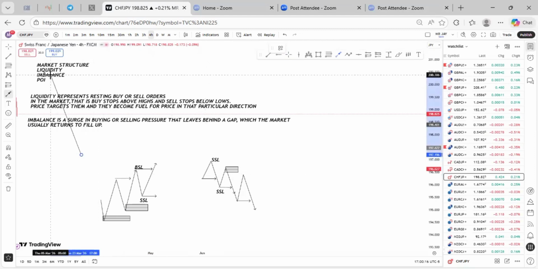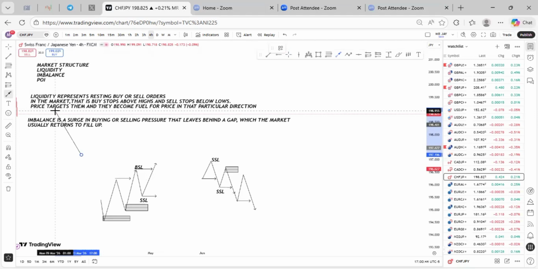Liquidity. I gave a little bit of a definition here. Liquidity represents resting buy or sell orders in the market. These are buy stops above highs and sell stops below lows. Price basically targets these stops, these liquidities, and then they become fuel for the market to move in a particular direction.